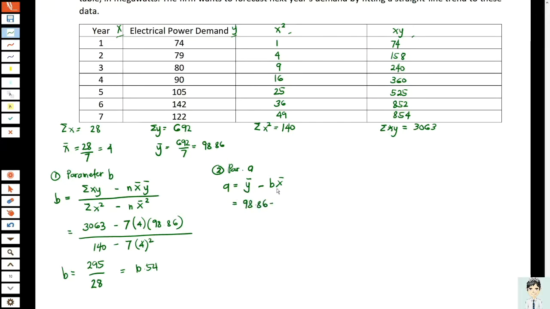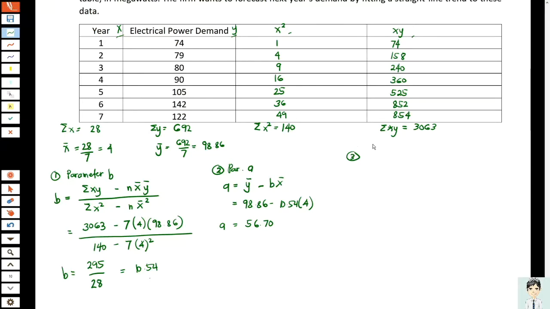Diba? Minus b, which is 10.54 multiplied by my mean x, which is 4. Yung a natin is equals to 56.70.